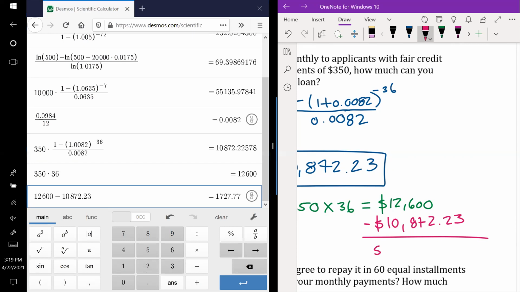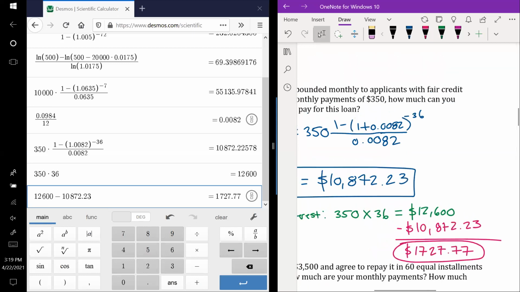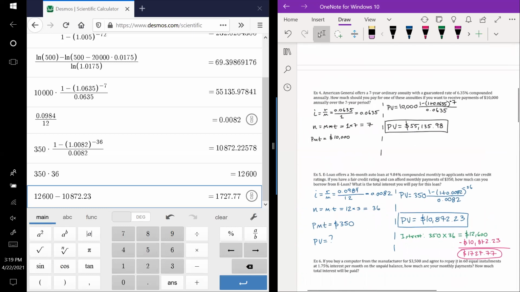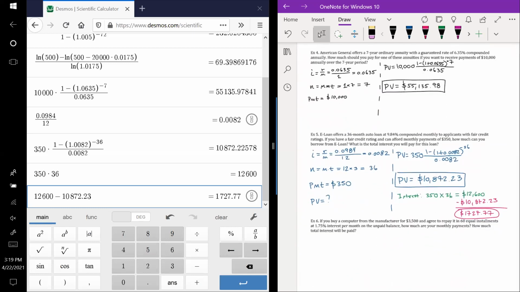And we're going to pay $1,727.77 extra in interest. All right. That's not bad. Usually, if you're borrowing money like a credit card, you're looking at like 20% interest, maybe more.